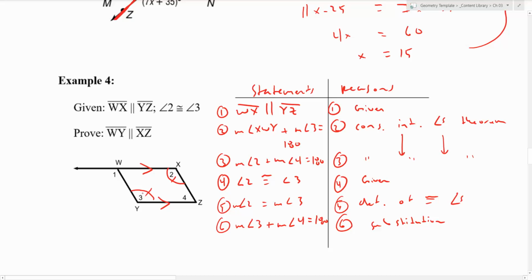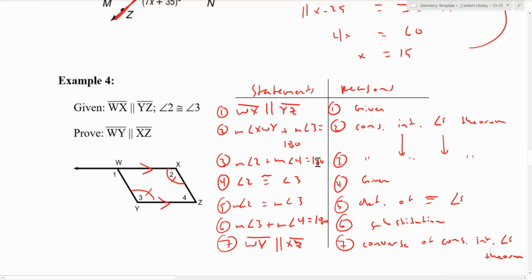Now, if angle 3 and angle 4 are supplements of each other, then that must mean that WY is parallel to XZ, and that is by the converse of the consecutive interior angles theorem.